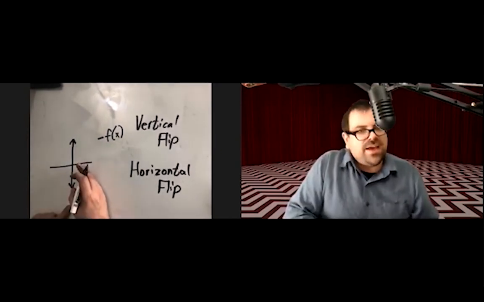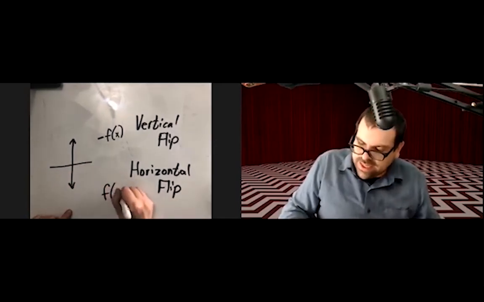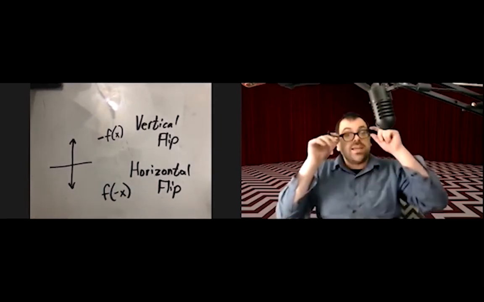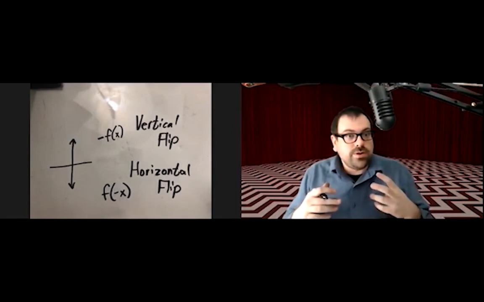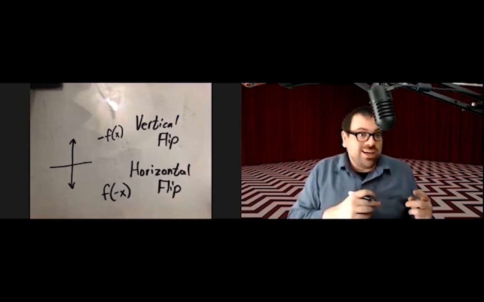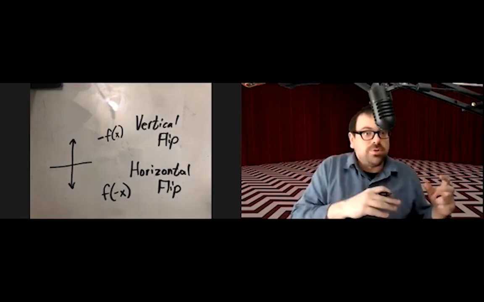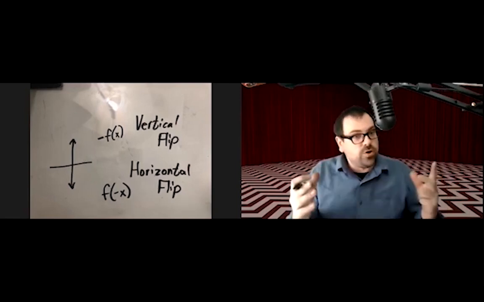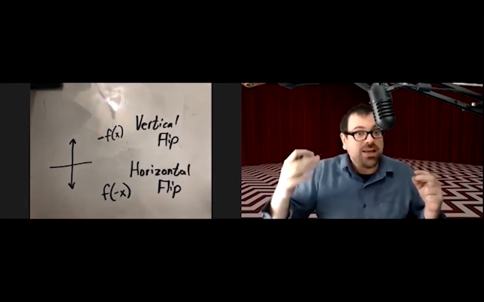So we're taking our x value and taking its opposite. A horizontal flip is taking the opposite of the x. So just like vertical stretching and vertical shrinking is referred to as horizontal shrinking and horizontal stretching, depending on whether we are multiplying by the whole function or just multiplying by the x. Vertical things are up, down, adding, subtracting, multiplying by the whole function.